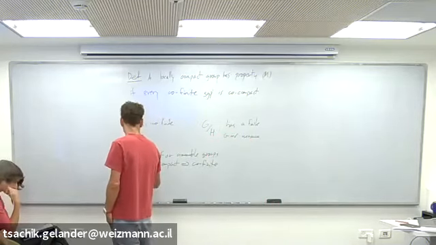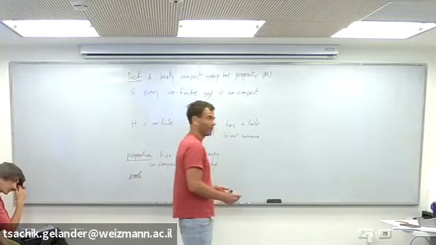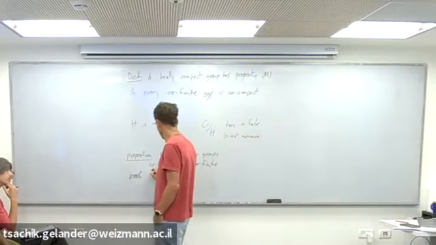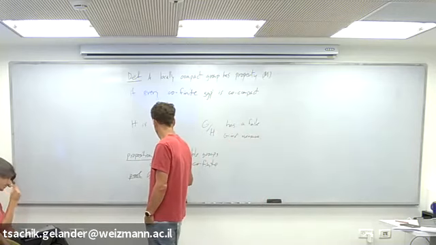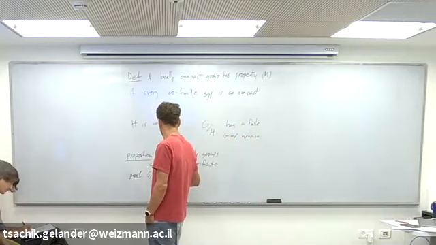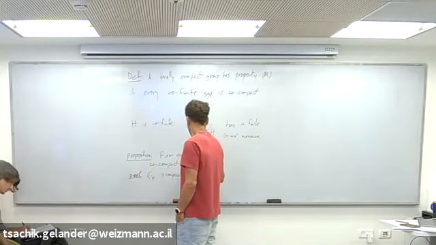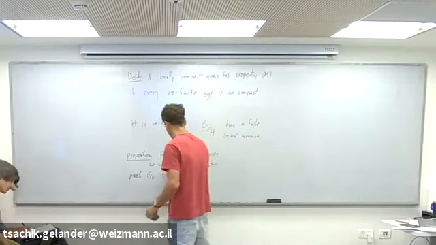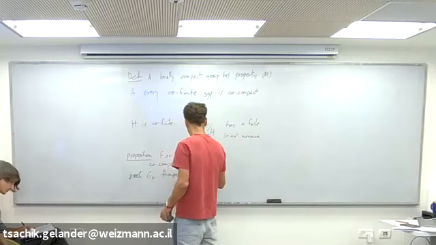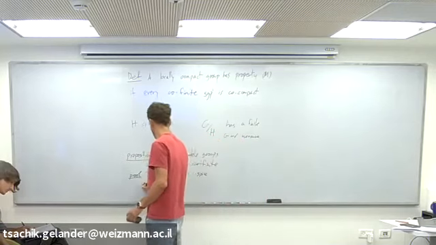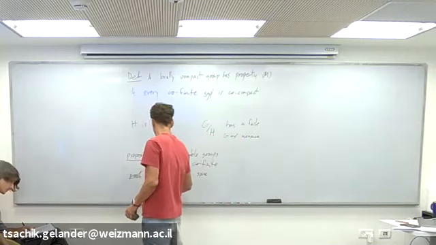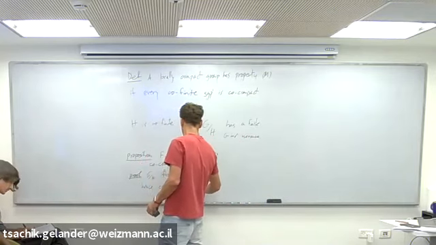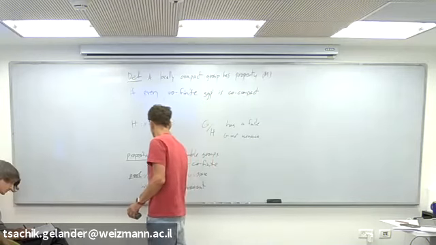So this is indeed the proof. I think you all know from my course last semester what amenable means. Proof: G mod H is compact. G mod H is a compact G-space. Hence it carries an invariant probability measure.